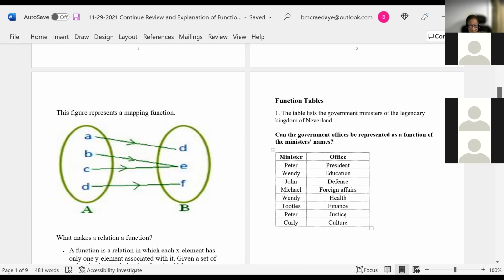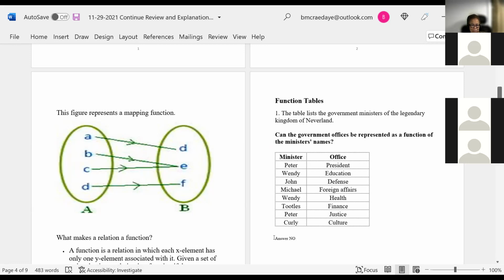And the other one was Wendy. Wendy maps to the education office, and Wendy in the table also maps to health. So it's not the same. So, can the government offices be represented as a function of the minister's name? Answer no. That's right, answer no.